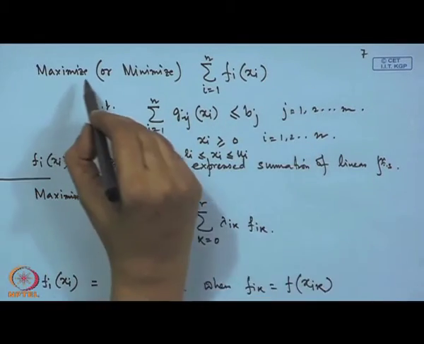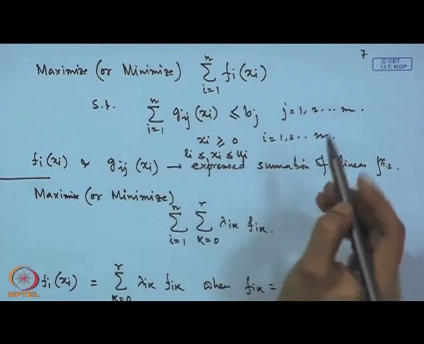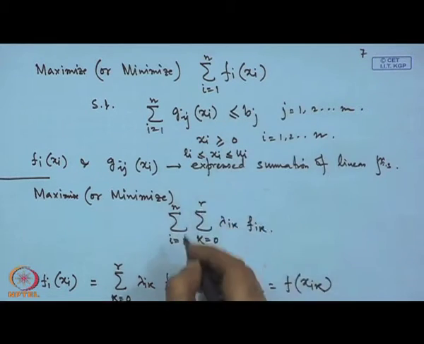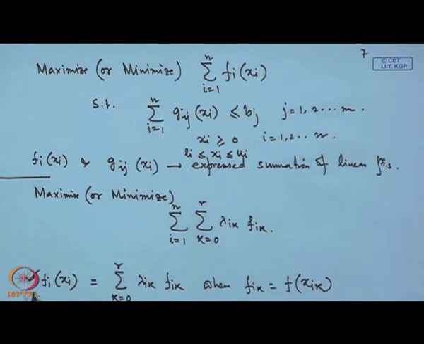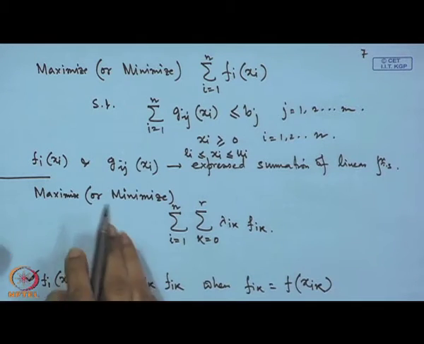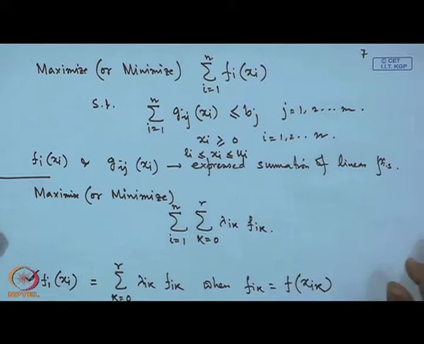Thus, in the separable programming problem, the objective function can be expressed as the summation of linear functions. This is a linear function. Thus, f_1(x_1) is a linear function, f_2(x_2) is a linear function. In this way, we will get a summation of individual terms where the terms are all linear functions.